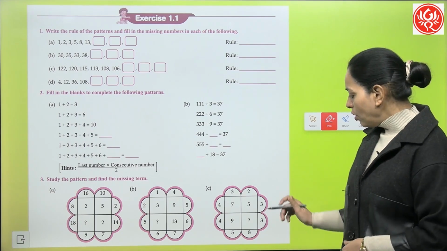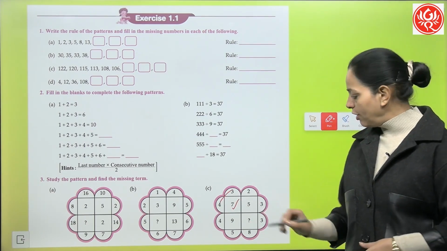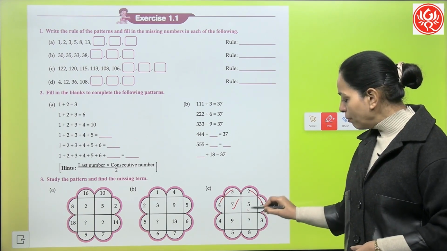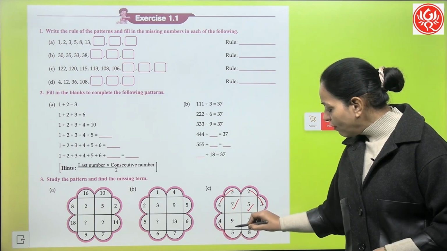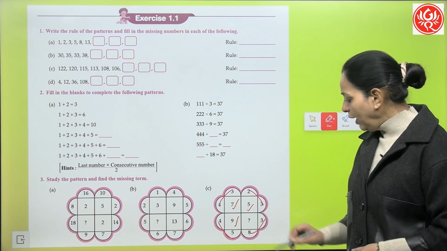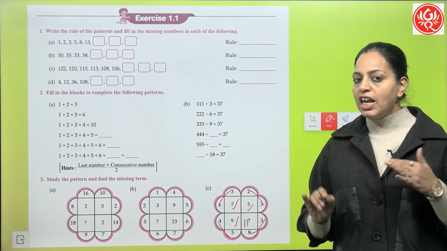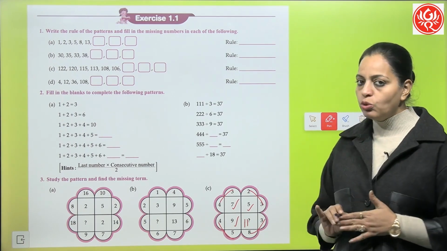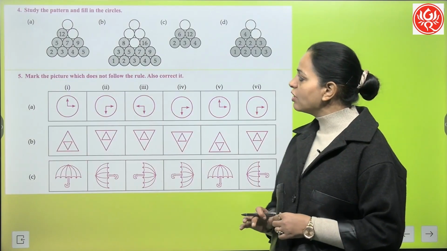So see, 4 plus 3 that is 7. 2 plus 3 that is 5. 4 plus 5 that is 9 and here 8 plus 3 that is 11. So same relation we have to use for all the numbers. Okay, I hope this is clear to you.